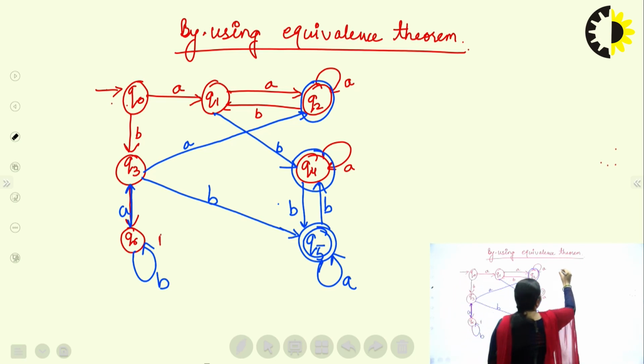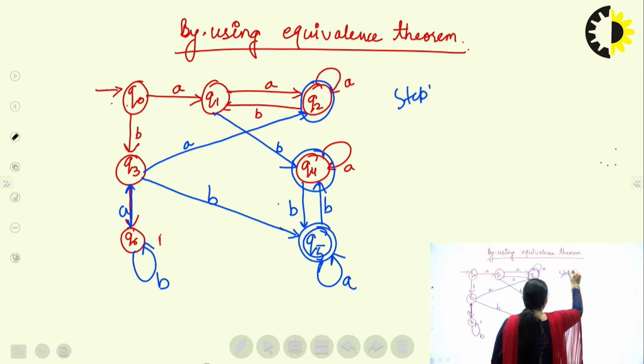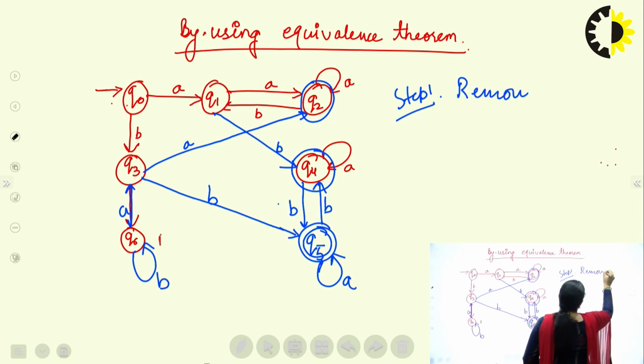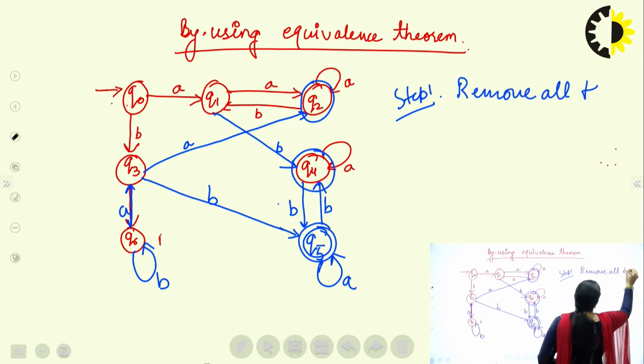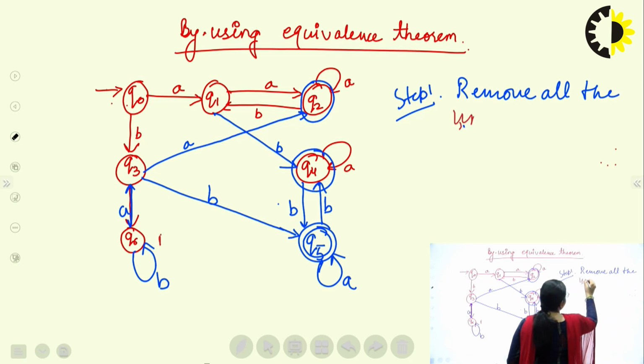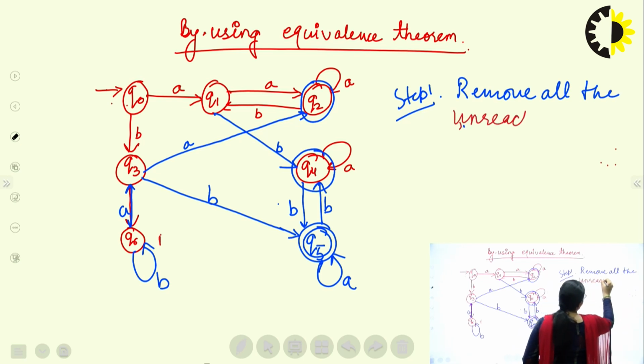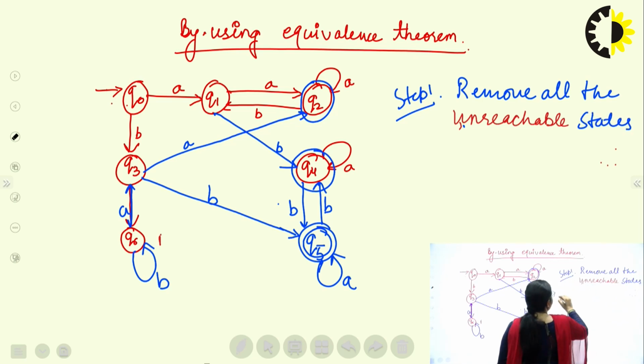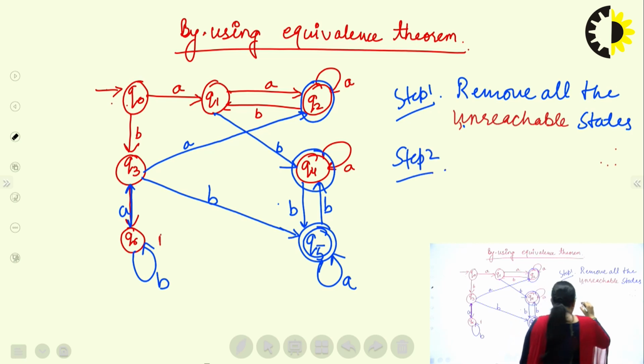So step 1 is, firstly we have to remove all the unreachable states. Then the second step is we have to divide this into two groups, or we can say two sets.